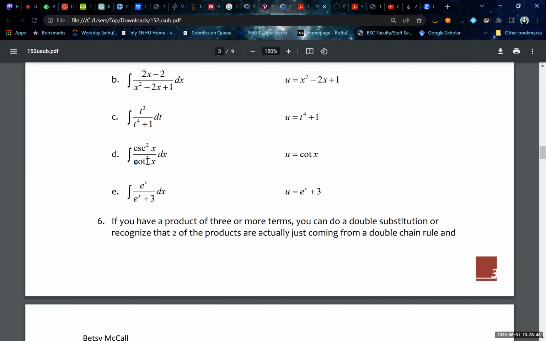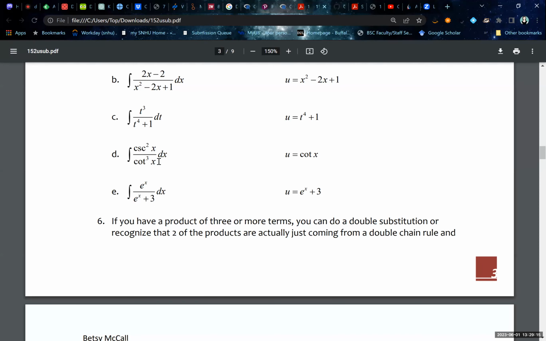Same thing for even trig functions. You don't necessarily want to use the power, because powers tend to generate chain rules, which tend to be complicated. But just think about if you've got something in the denominator here, just take the trig function. Same thing if you have something like t to the 4th plus 1 to the 5th power, you would just take the inside component there.